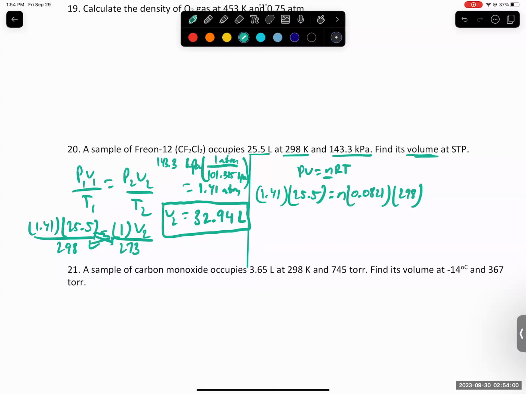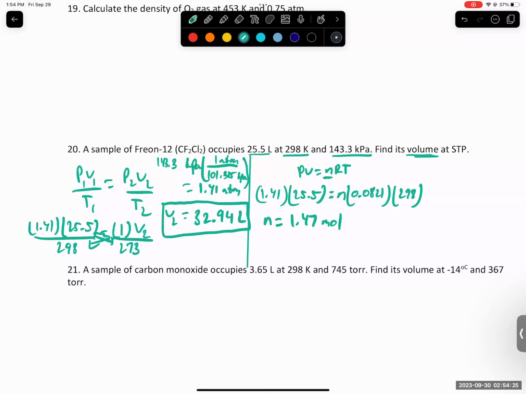So all that, 1.41 times 25.5. Divide that by 0.0821 times 298. And moles here should be approximately 1.47.